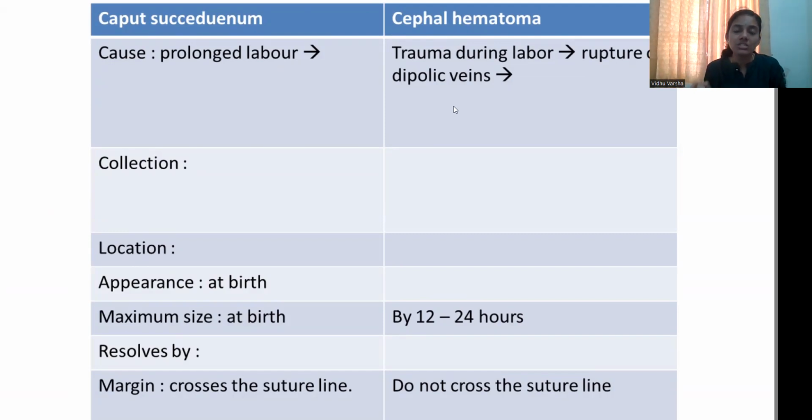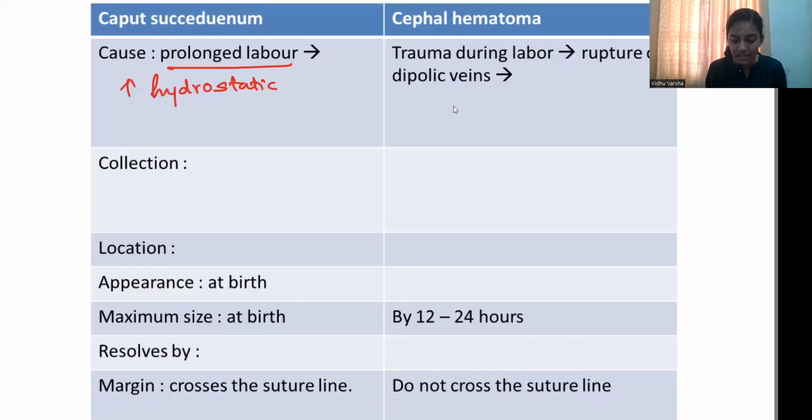Caput is caused by prolonged labor. When the baby's head is in the vaginal canal for a prolonged period of time, the veins in the scalp develop increased hydrostatic pressure.